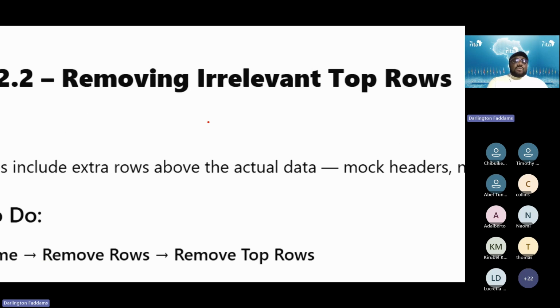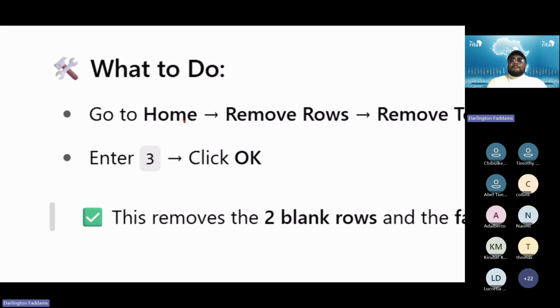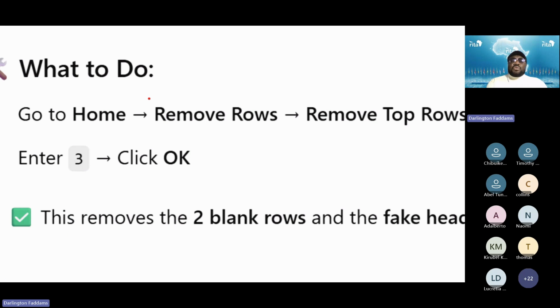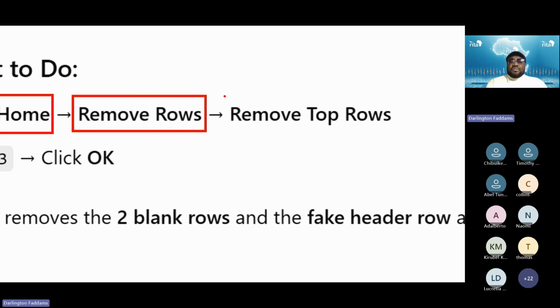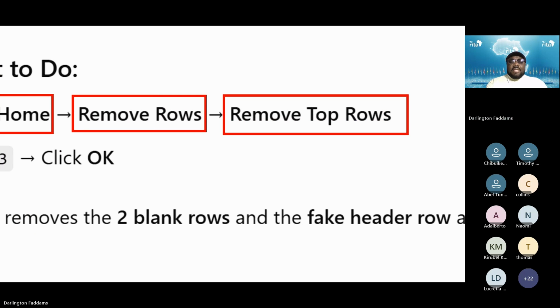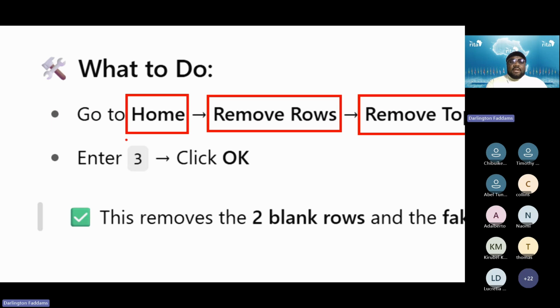We are going to go to the Home tab. On the Home tab, look for Remove Rows and click on Remove Top Rows. Then enter number 3 in the box and click OK.